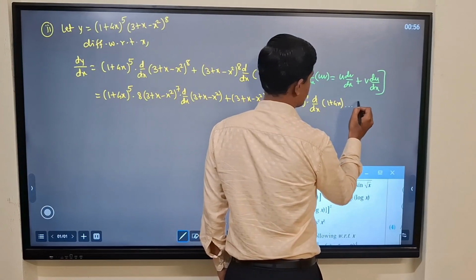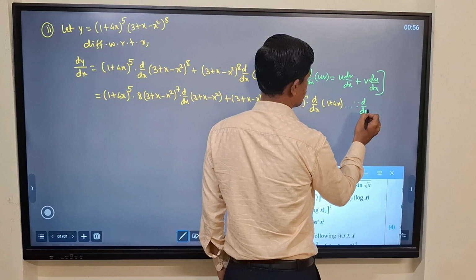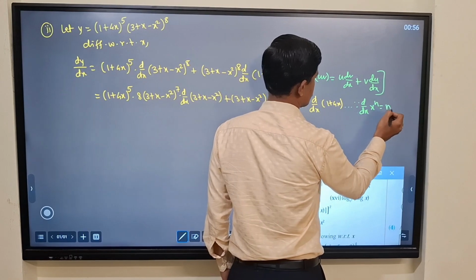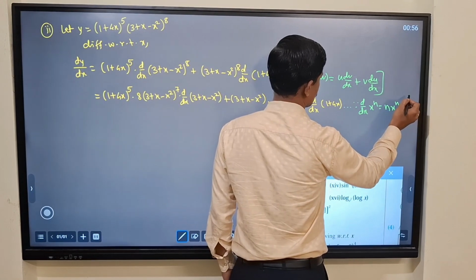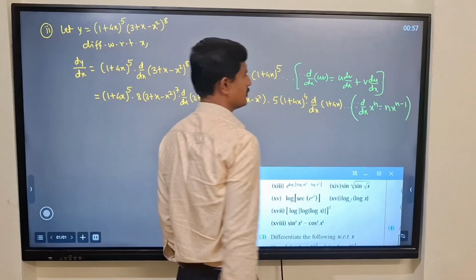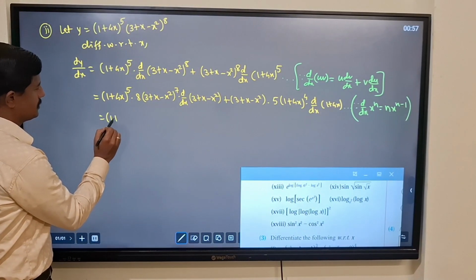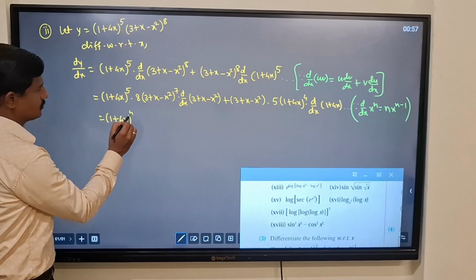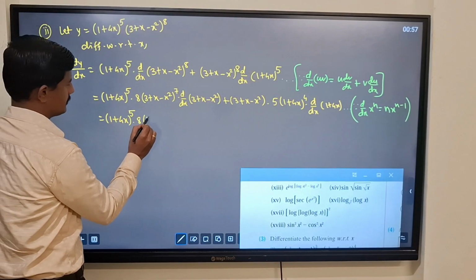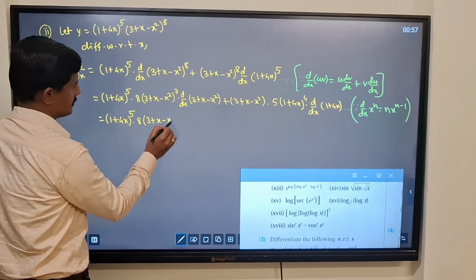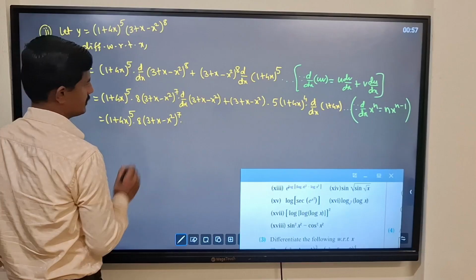Here we used the rule d/dx of xⁿ is n xⁿ⁻¹. Now (1 + 4x)⁵ into 8(3 + x − x²)⁷.